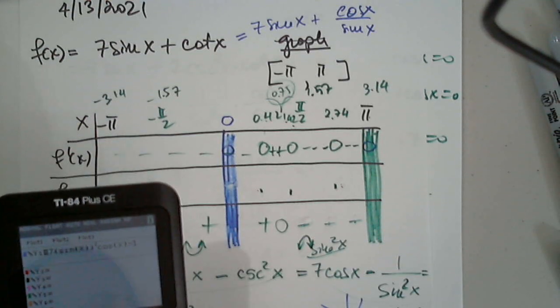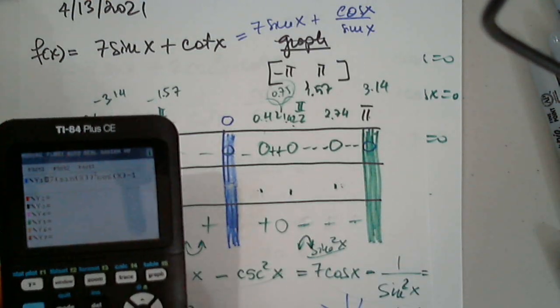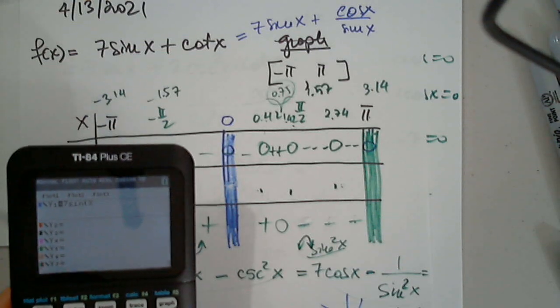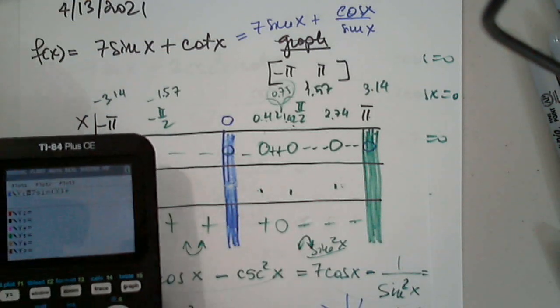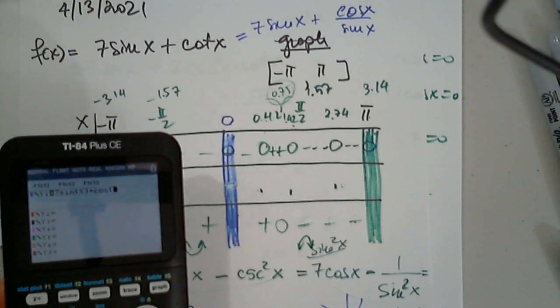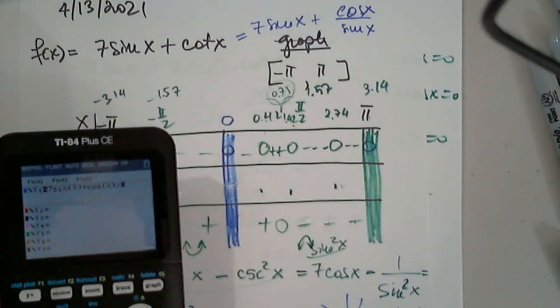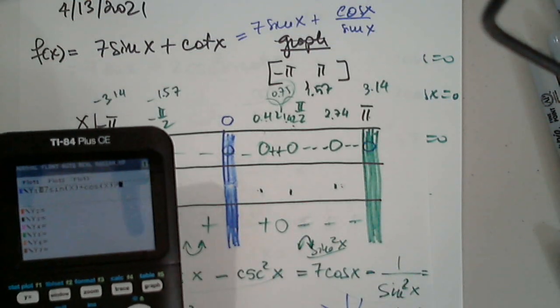So I will still put in the function, which was 7 sine x plus cotangent, which is cosine over sine. That's the only way I can enter it. Or 1 over tangent, actually.